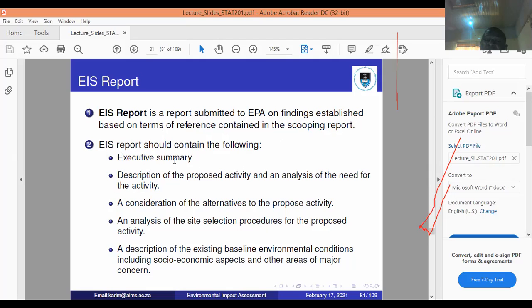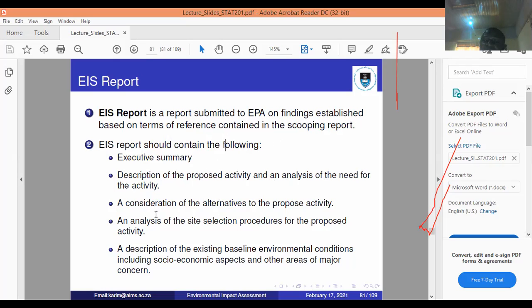The impact statement should have the executive summary, description of the proposed activity, and an analysis of the need for the activity. So you have to describe the activity that you want to undertake and the analysis of the need for the activity.